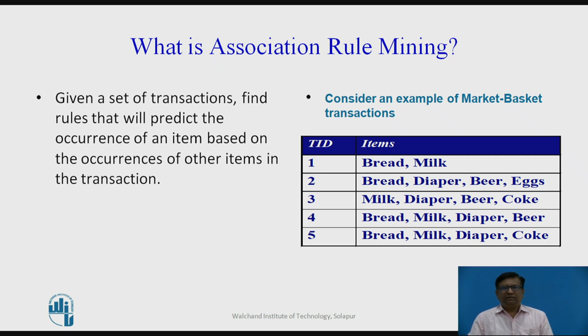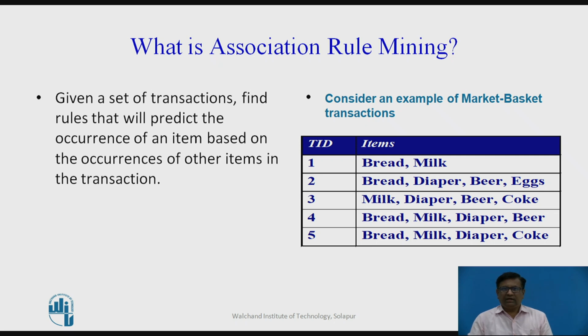So association rule mining works on a set of transactions. That means we have a set of transactions and we have to find the rules that will predict the occurrence of an atom based on the occurrences of other atoms in the transaction.